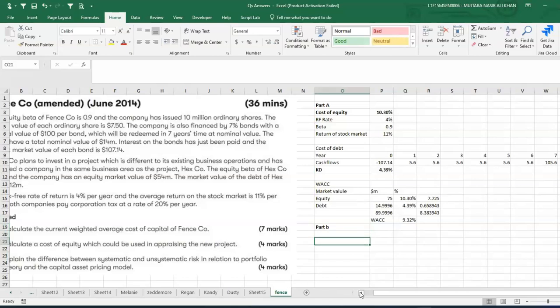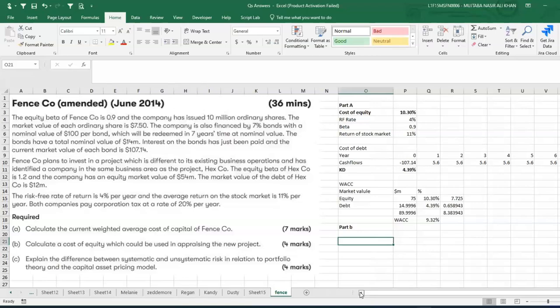In part B, remember, identify the proxy company, first step, because we are solving cost of equity of a new project. Cost of equity of new project. Okay. First step, identify the proxy company.